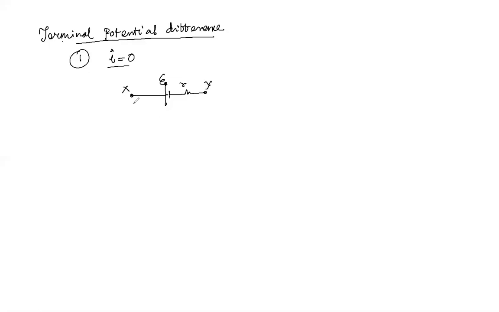So if you move from X to Y, you already know how to write it down. You can write Vx, and now we are traversing the battery, and as we are moving from the positive end to the negative end, it is going to be minus E is equal to Vy. Because no current is flowing through, we are not going to include the resistance, as no potential drop is there across it, and you know that the potential drop across a resistance is IR.